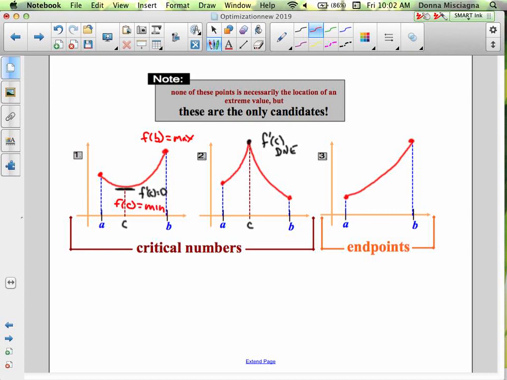Here, if we wanted to maximize something, it would be f of c. That's the max. And here, f of b is the min. And here, we just have endpoints. F of a is the min. F of b is the max. All right?